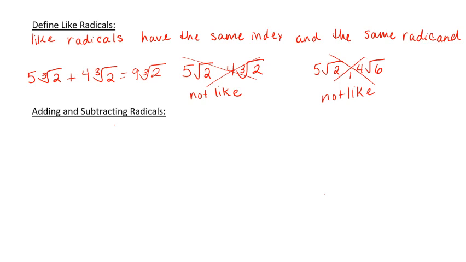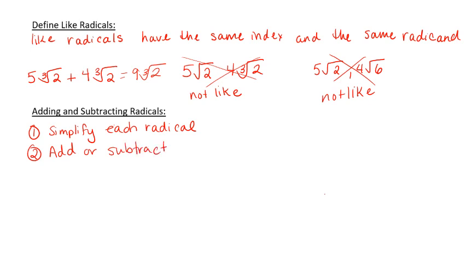All right, so adding and simplifying radicals, you have 2 steps. One, you need to simplify each radical. So each radical needs to be in simplest form, because you can't decide if they're like or not until it's simplified. And then step 2, add or subtract, depending on which one you're doing, each radical by adding or subtracting the coefficients.